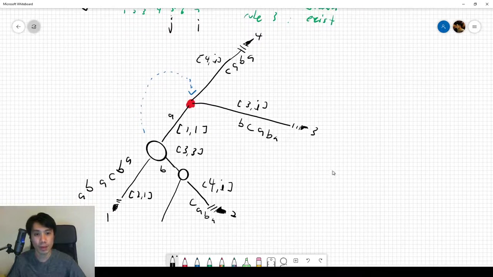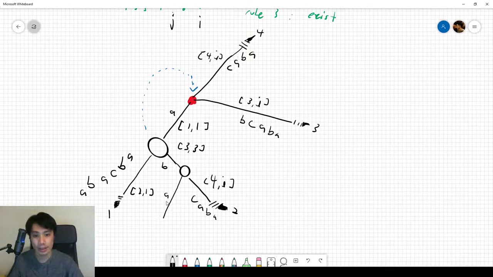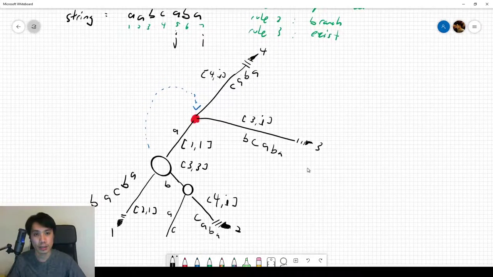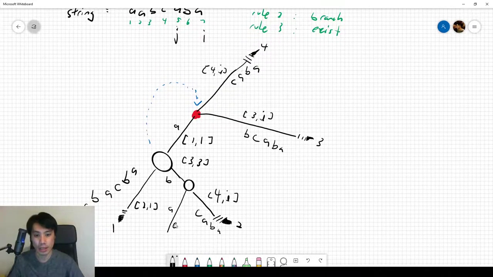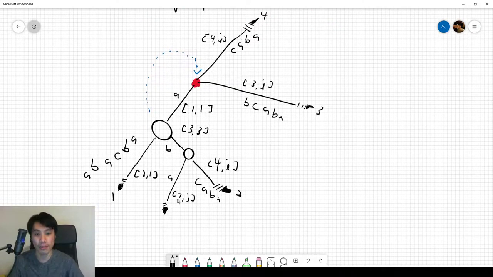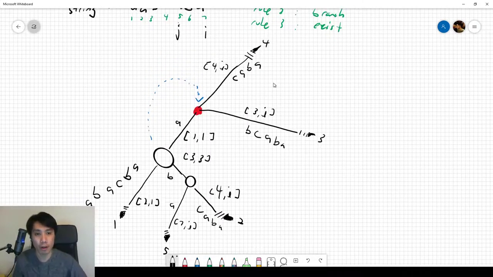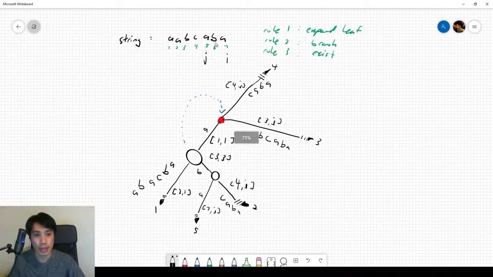My alphabet will be A. So here will be 7, 7, which is 7I. My J is currently 5. Okay, so here I'm already finished with ABA. Okay, and because my J is 5, I'm going to mark my leaf over here as 5.